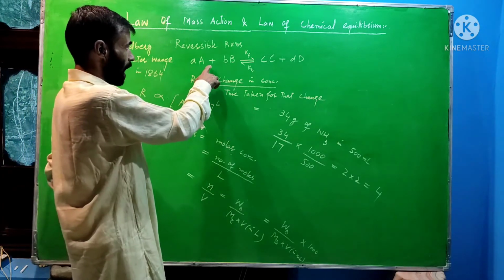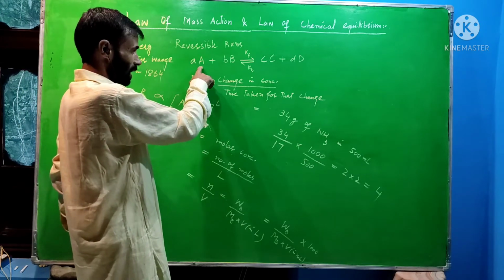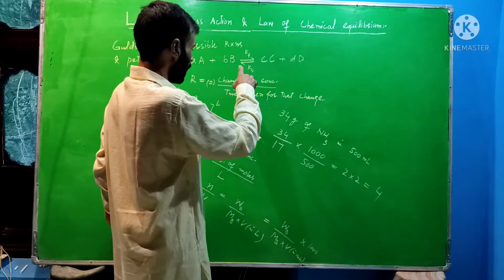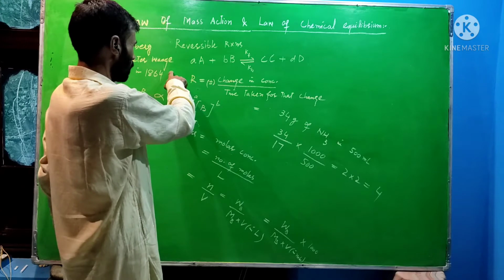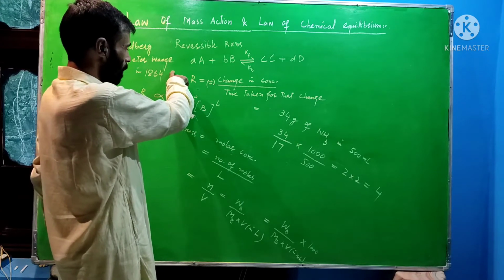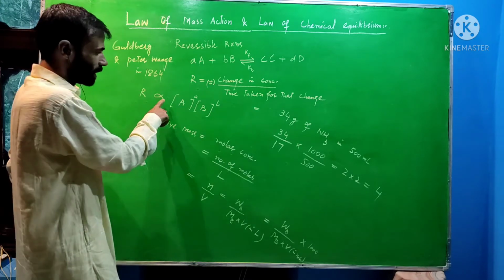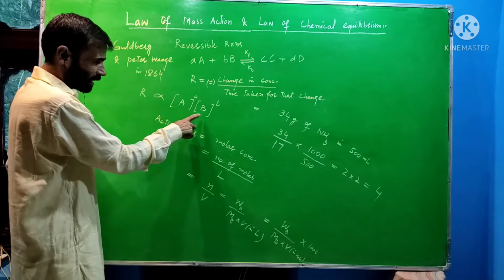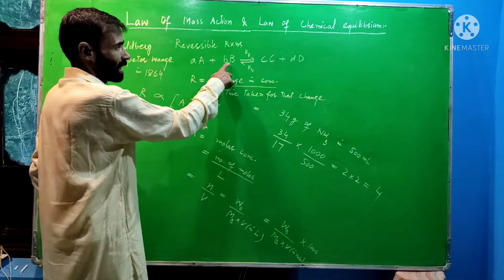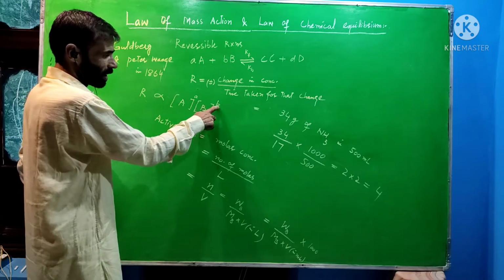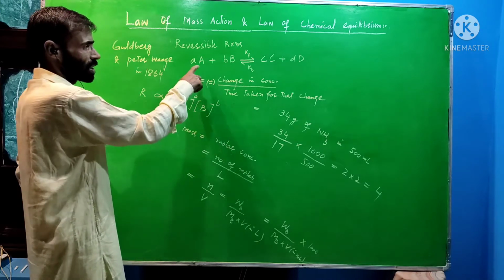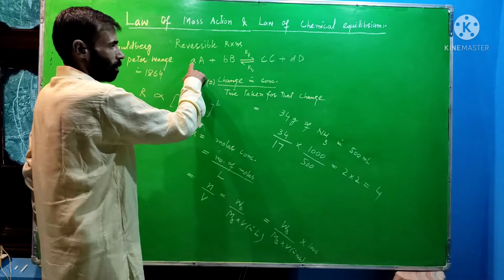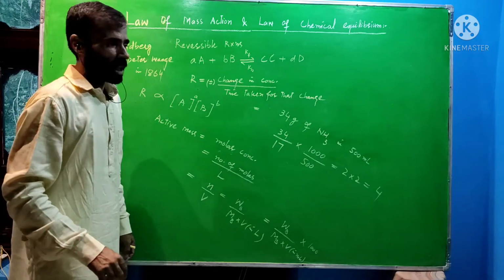If we now apply this statement to a reaction, according to the law of mass action, the rate of the reaction is equal to the product of the concentrations of reactants raised to the power of their stoichiometric coefficients in the balanced chemical equation.